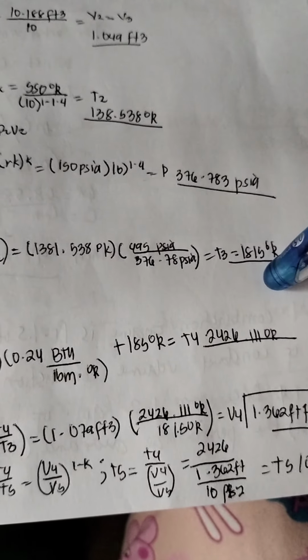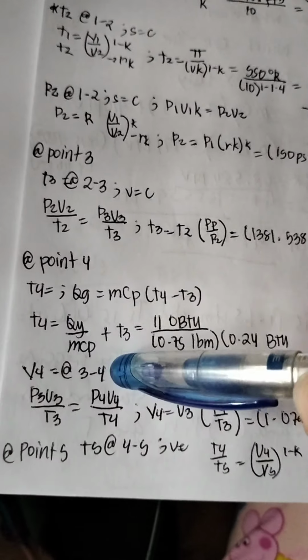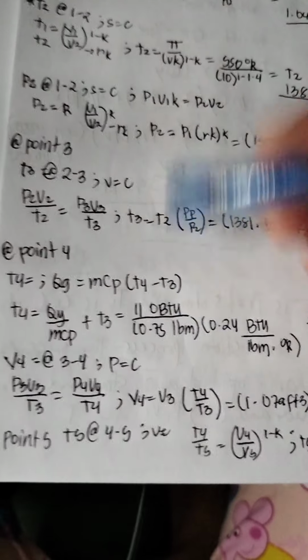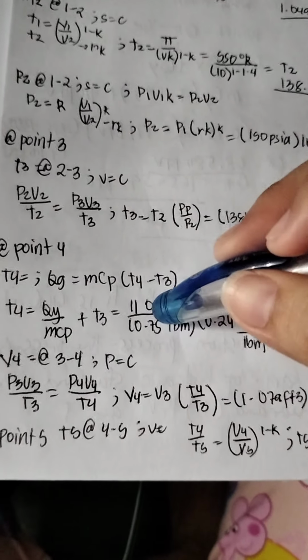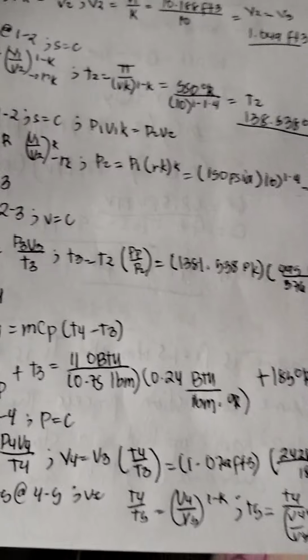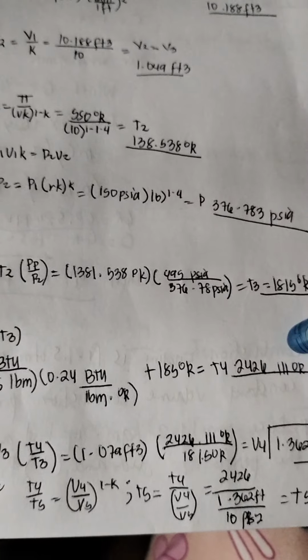T3 is equals to 1,815. So, at point 4, T4 is equals to QA over mCp plus T3 is equals to 10 BTU over 0.75 lbm times 0.24 BTU plus 1815 is equals to 2,426.